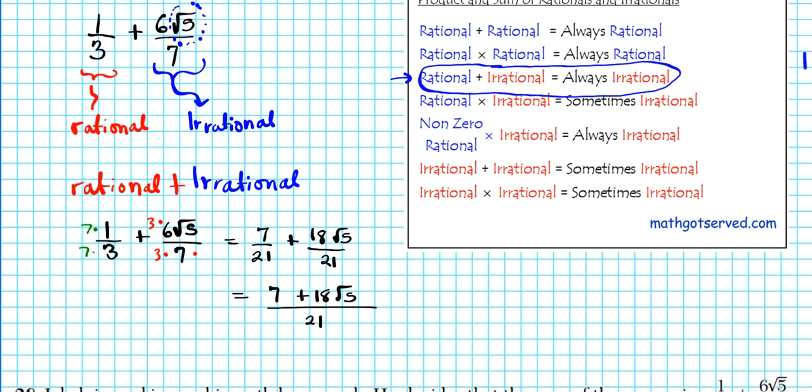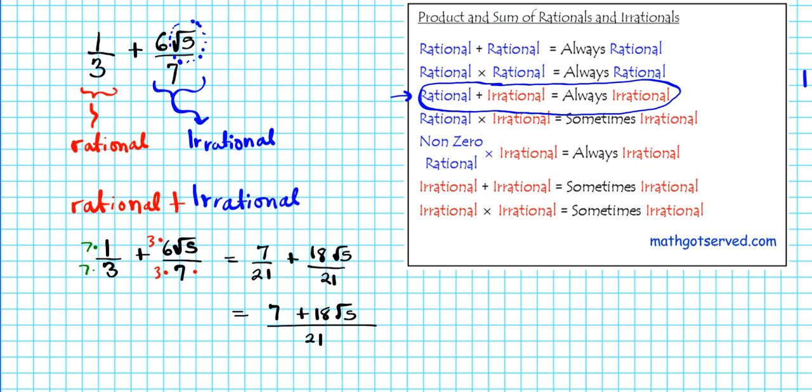It shows us that if you have a rational plus an irrational number, which is this one, it gives us a final answer that, you see this radical piece right here, automatically makes this irrational.